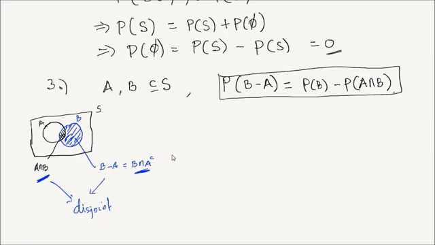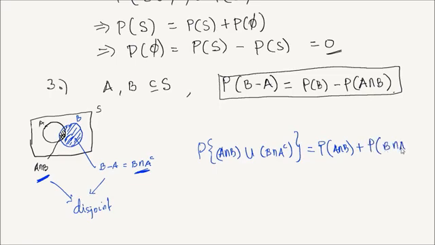And by axiom number 3 again, if you have two events which are disjoint, then the probability of their union, in this case the probability of A intersection B union B intersection A complement, is equal to the sum of the probabilities. Probability of A intersection B plus probability of B intersection A complement.